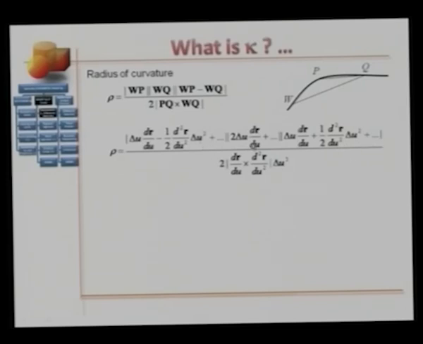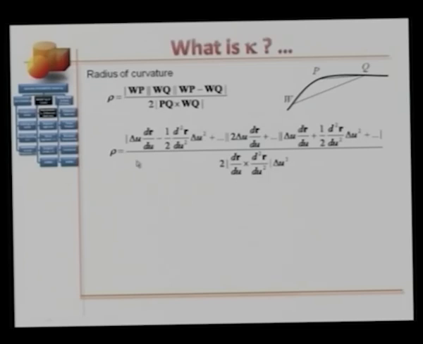These expressions can be obtained using Taylor series expansion with some additional algebra. The denominator is given by 2 times the modulus of dr over du crossed with d2r over du squared, times delta u cube. You may want to work out as an exercise how the radius of curvature is computed using this expression.